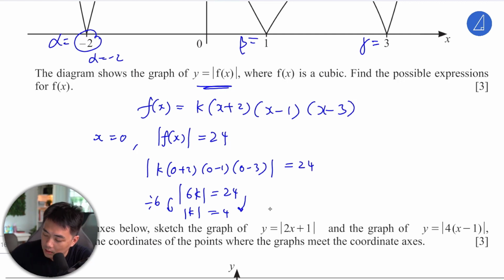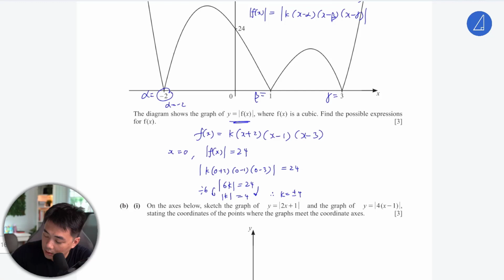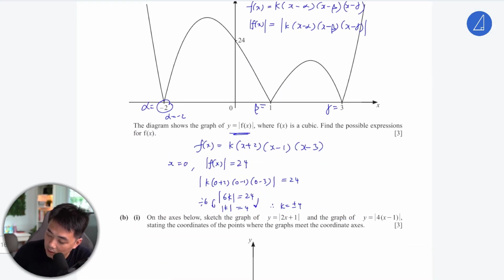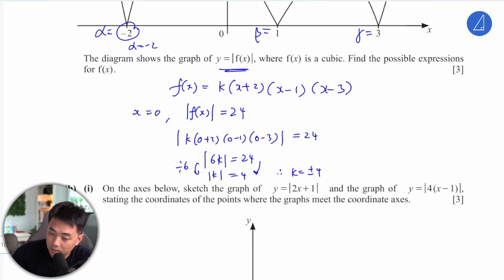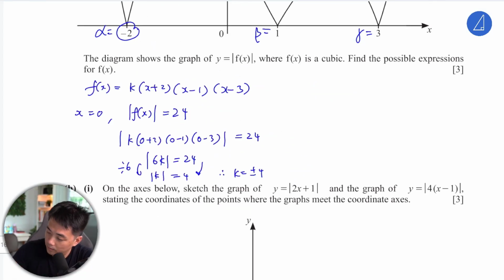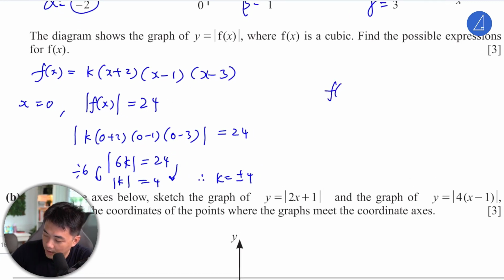Okay, so we know that k is equal to plus or minus 4. Essentially, we have two possible expressions here: f of x equals plus or minus 4 in front of (x plus 2)(x minus 1)(x minus 3).